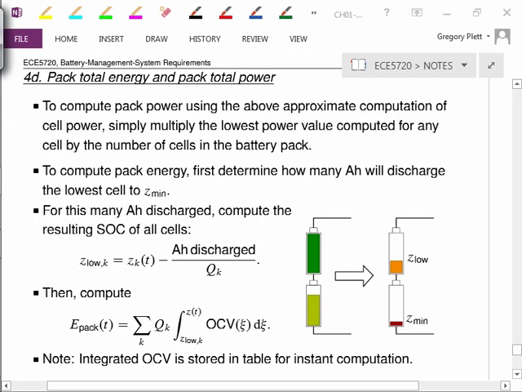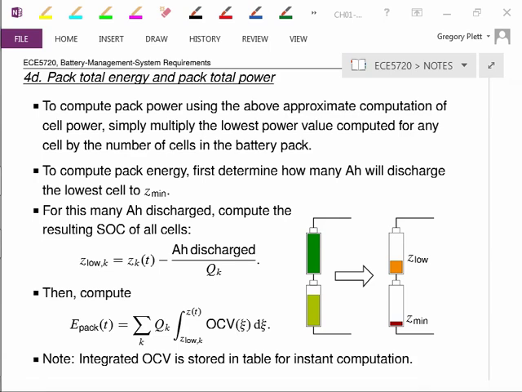That was all computing cell-level energy and power. Now we're looking at the pack level. I put a bunch of cells together and make a battery pack. Well, how much energy is there and how much power is there? To compute pack power, it's actually not that hard. If I know the power available from all of the cells in the battery pack, I just look for the lowest one of those and I multiply that value by the number of cells in the battery pack.